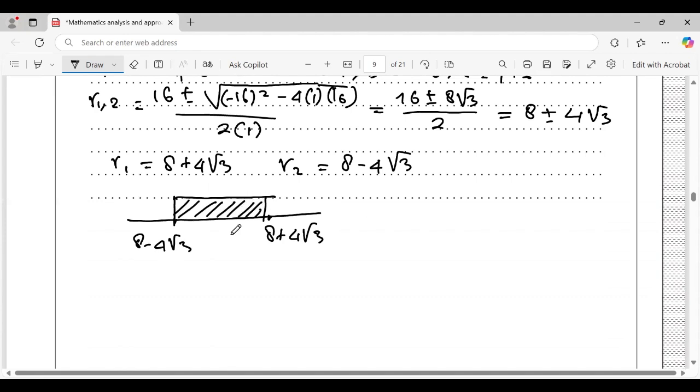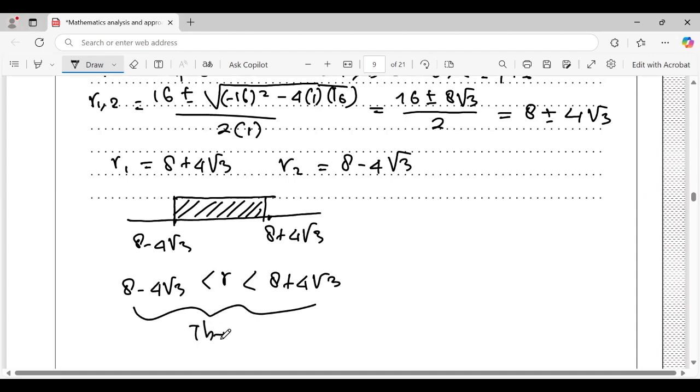Okay, so r is greater than 8 minus 4 square root 3 and less than 8 plus 4 square root 3. So this is the possible values of r.